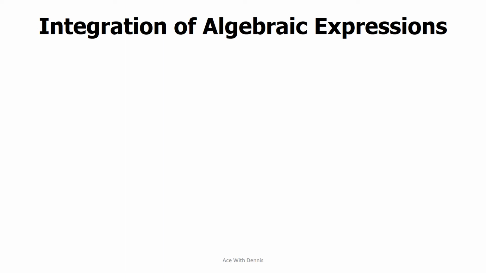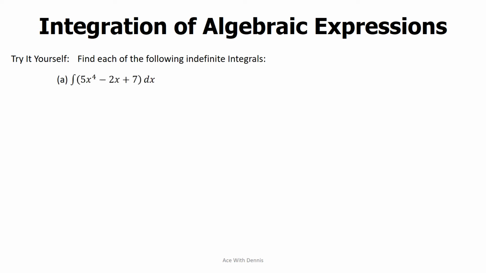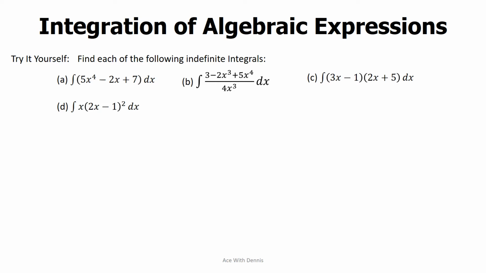Alright, now you can try this example yourself. Find each of the following indefinite integrals. A. Integration of 5x power 4 minus 2x plus 7 dx. B. Integration of 3 minus 2x cubed plus 5x power 4 over 4x cubed dx. C. Integration of 3x minus 1 times 2x plus 5 dx.